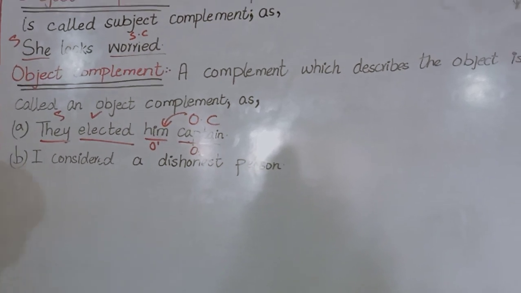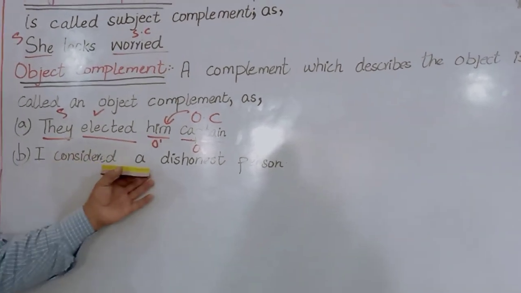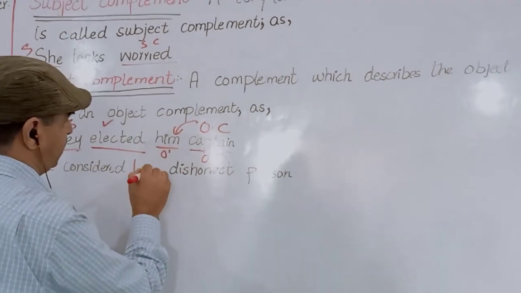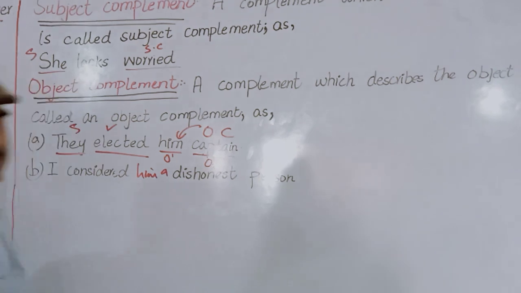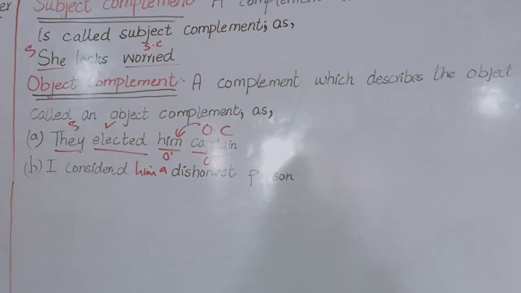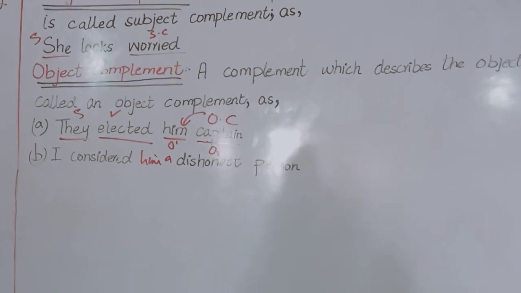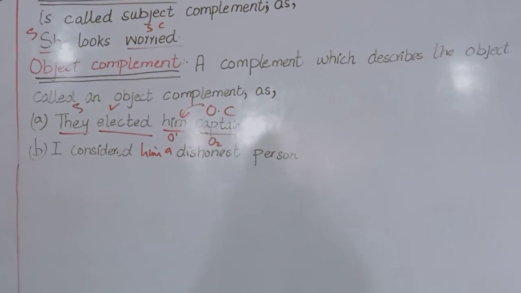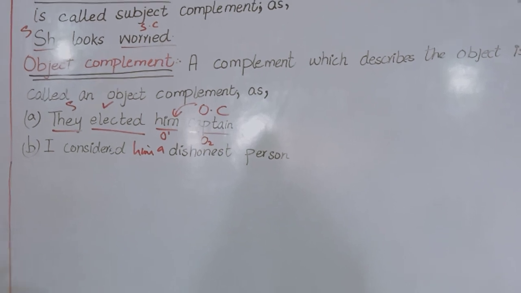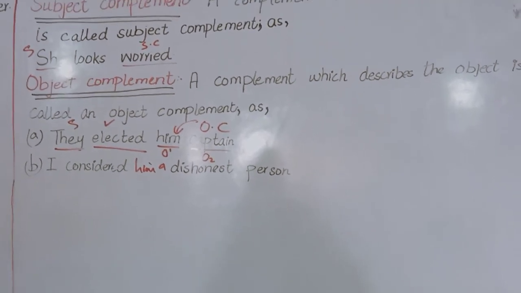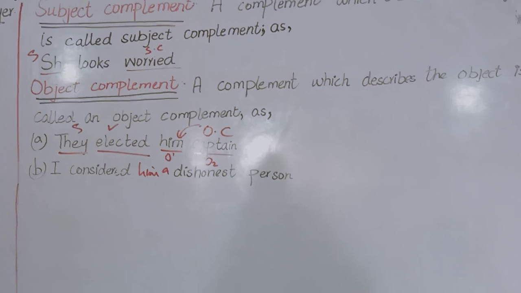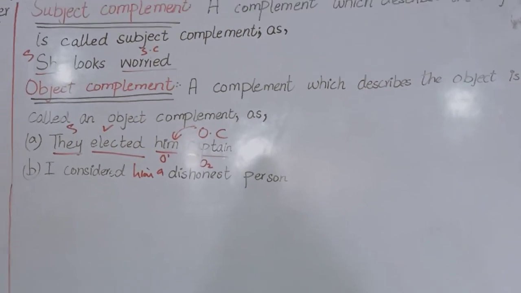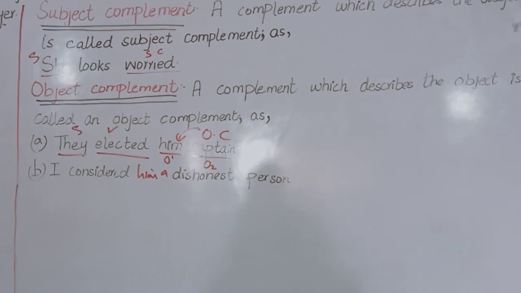Okay, next one is: I considered him a dishonest person. You will tell me because you are looking back. Which one is the subject in this sentence? I want to check the level of your attention.